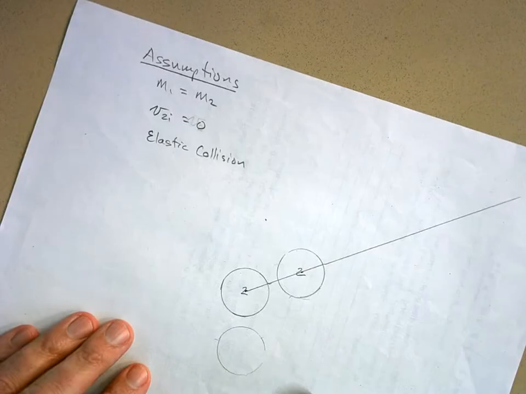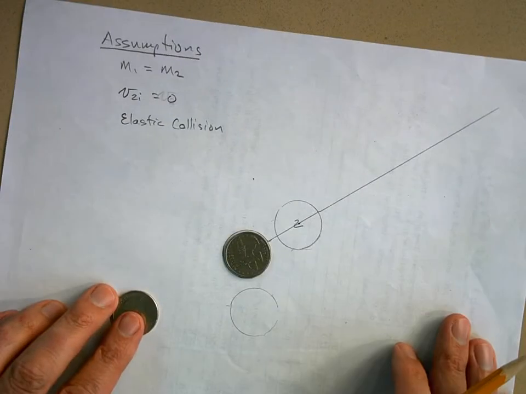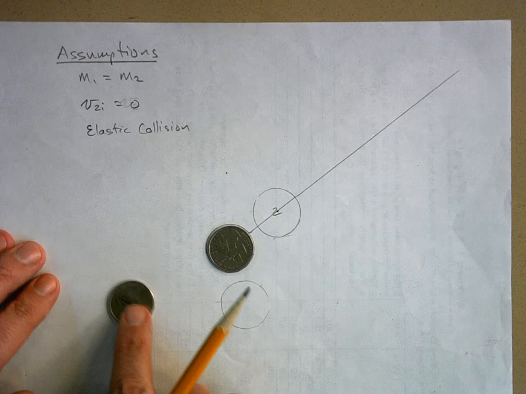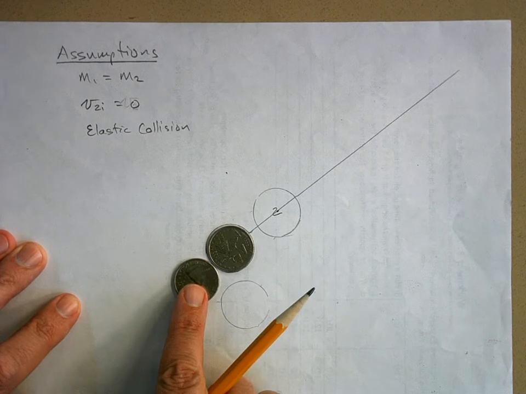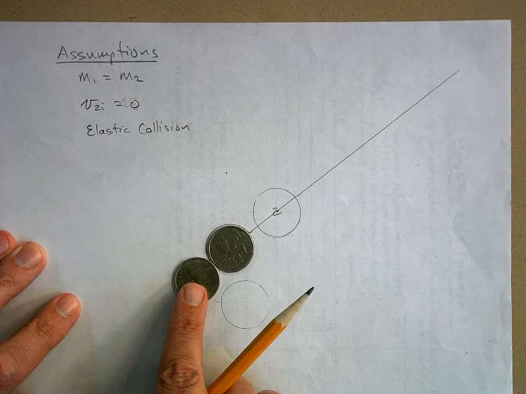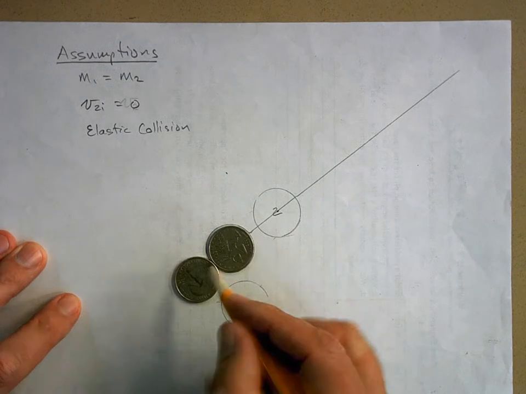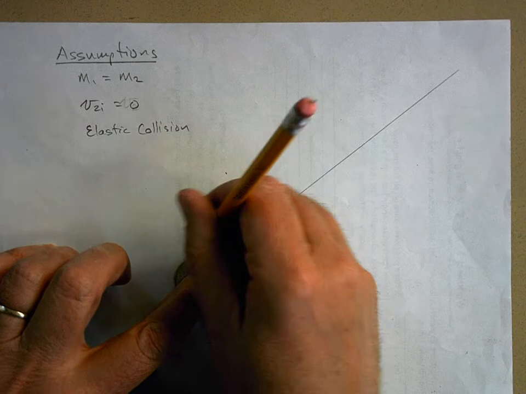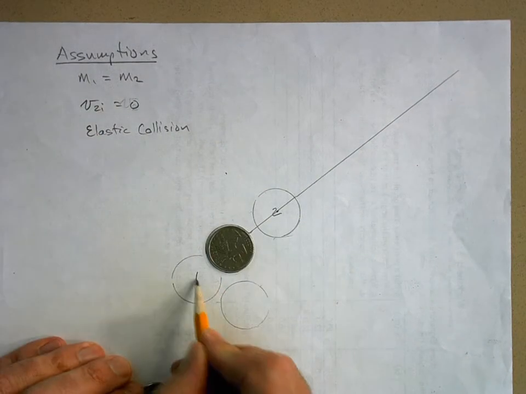Now let's make an estimate here. When this quarter hit this, it was probably right about here. So I'm going to draw, this is the point of collision. So this is 1, and here's 1.